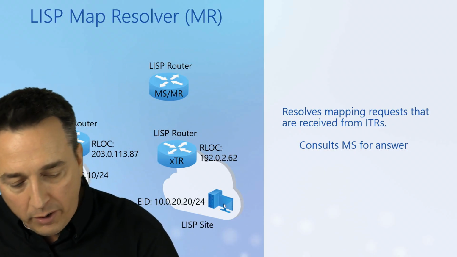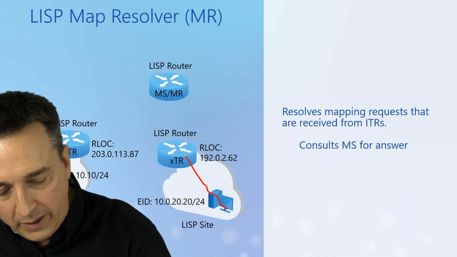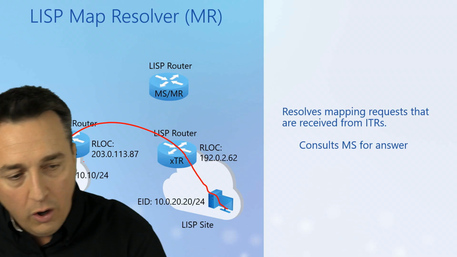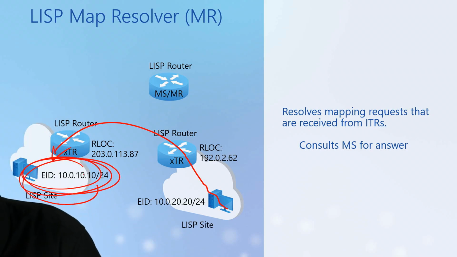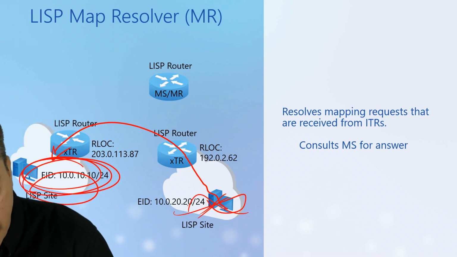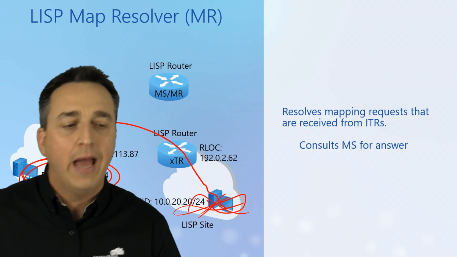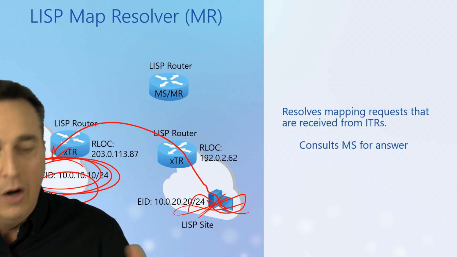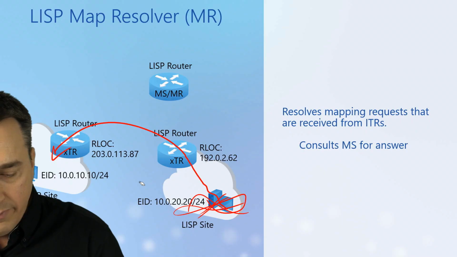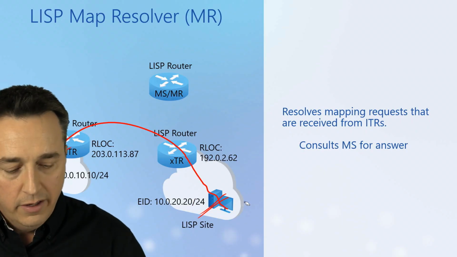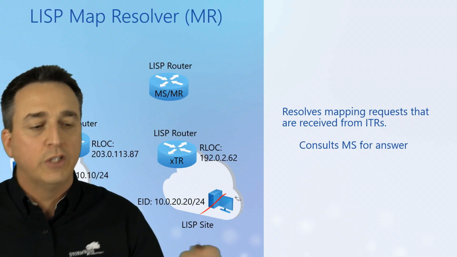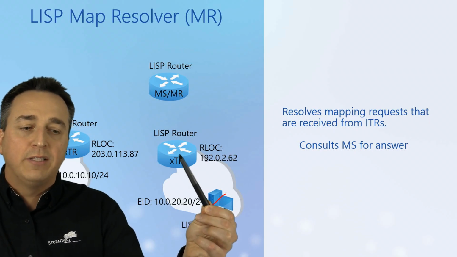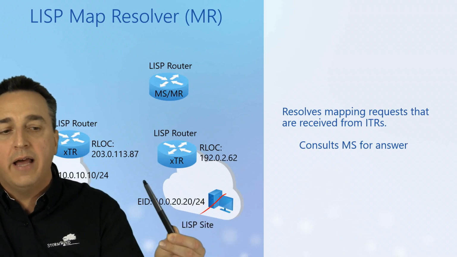So, for example, if I am trying to go from here over to here, how do I know that this device lives there? Well, that's not up to this person to decide. They don't need to know that. They just need to know the IP address that they're trying to reach. So I'm trying to reach 10.0.10.10. My packet is sourced from me, destination to there. When the packet arrives at this router, it has to figure out how to get to 10.0.10.10.